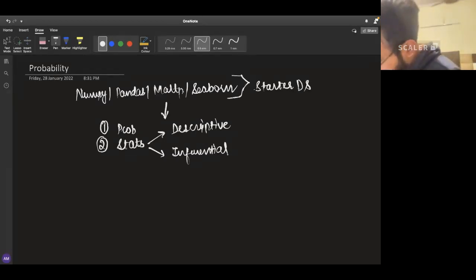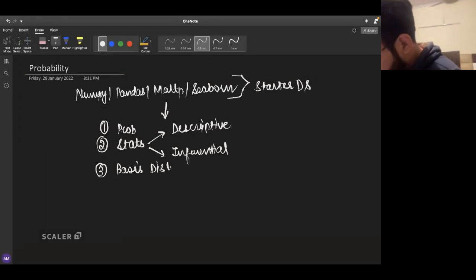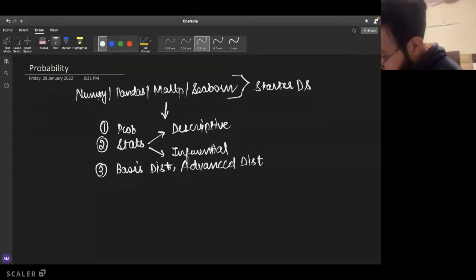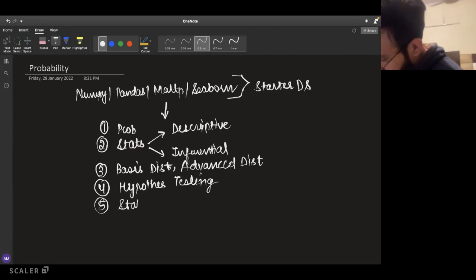Next, we'll do basic probability distributions. We'll do some advanced probability distributions. We'll do hypothesis testing. We'll do something called statistical tests after hypothesis testing.